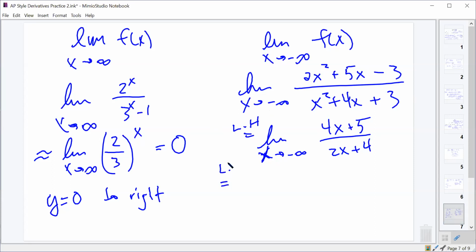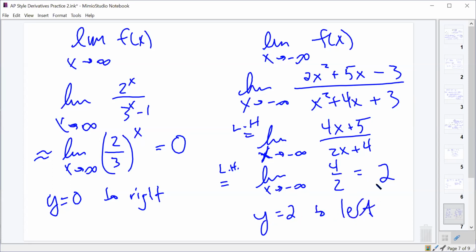So we could again apply L'Hopital's rule and make this the limit as x approaches negative infinity of 4 over 2, which is just 2. So we'd have a horizontal asymptote of y equals 2 to the left. And you would need that justification of limits to show both of them.